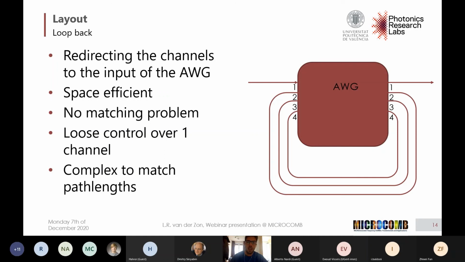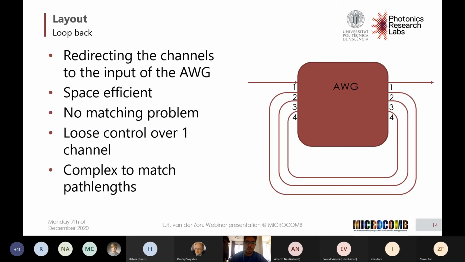One downside is that you lose the control of the in and output channel, because you cannot add a Mach-Zehnder interferometer in there, because you would then control all the channels. Also, because of this circular loop, it's quite hard to match the path length. You would need to use spiral structures in order to do that.